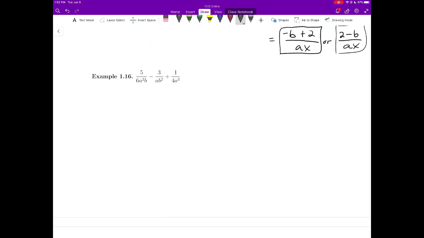Alright, in this next example, we'll see that the denominators are not already equal, so we need to get a common denominator. I'm going to begin just by rewriting this problem. I'm going to factor those constant factors, break them down to their prime factors, make it a little bit easier.